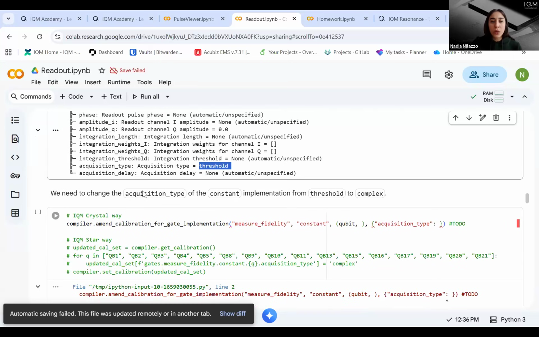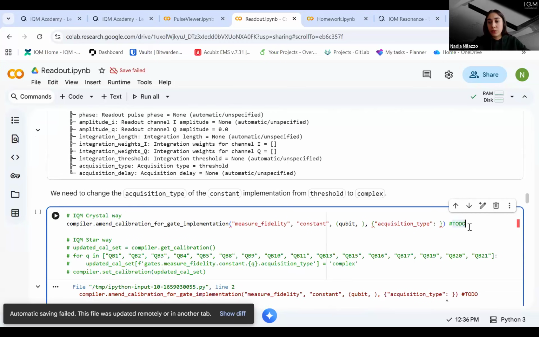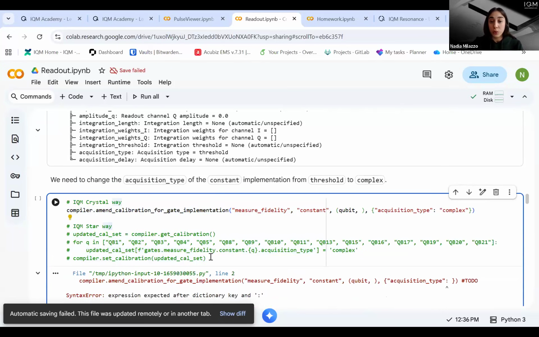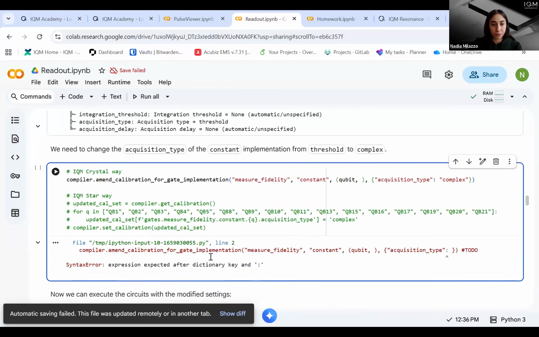To do this, we need to change the acquisition type from threshold to complex. So here I left you a small to-do. We can just put the string complex here. And I've left you commented a way to do the same thing on Star. So if you cannot run on Garnet or Emerald, this is the way to go on Star.